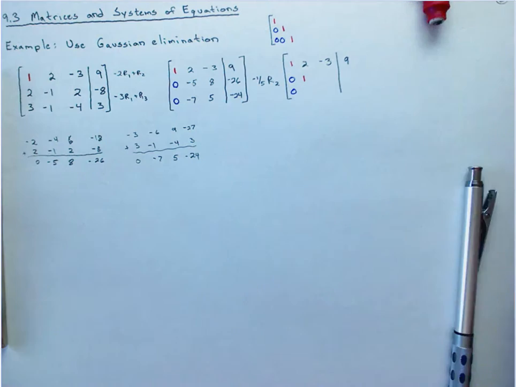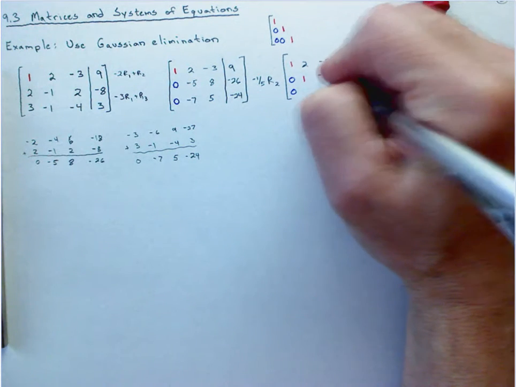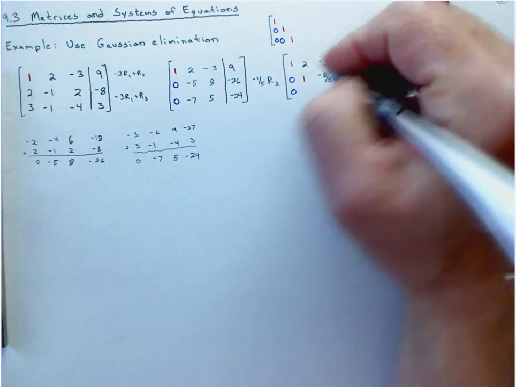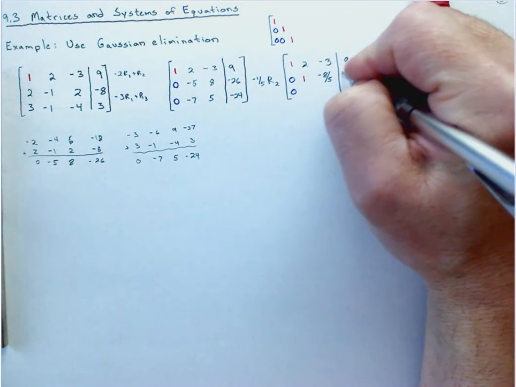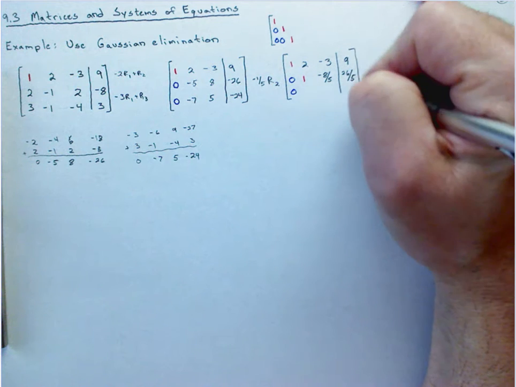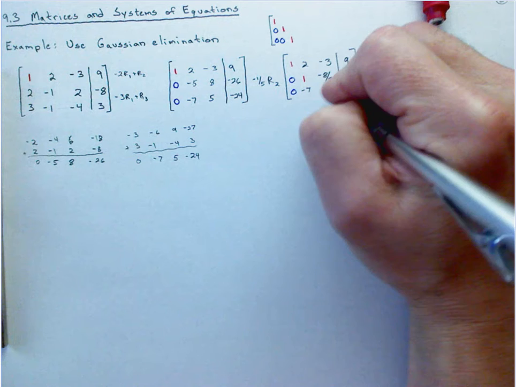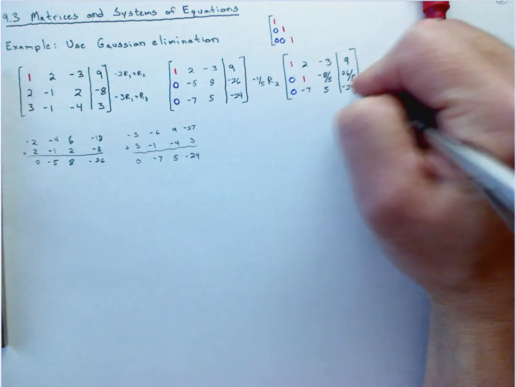Row 2 becomes 0, 1, negative 8/5, and 26/5. And I did not do anything to row 3, so it's 0, negative 7, 5, negative 24.